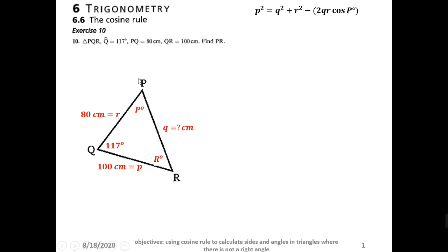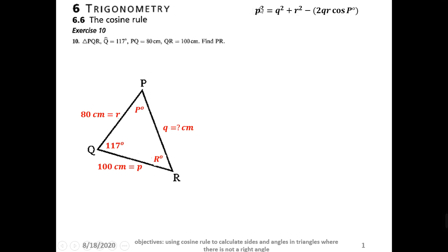So I started with side P and the rule says P to the power of 2 is equal to, what are the other two sides in alphabetical order? Q and R. It is equal to Q squared plus R squared minus, inside brackets, 2 is part of my rule, times side Q times side R times cosine P capital.